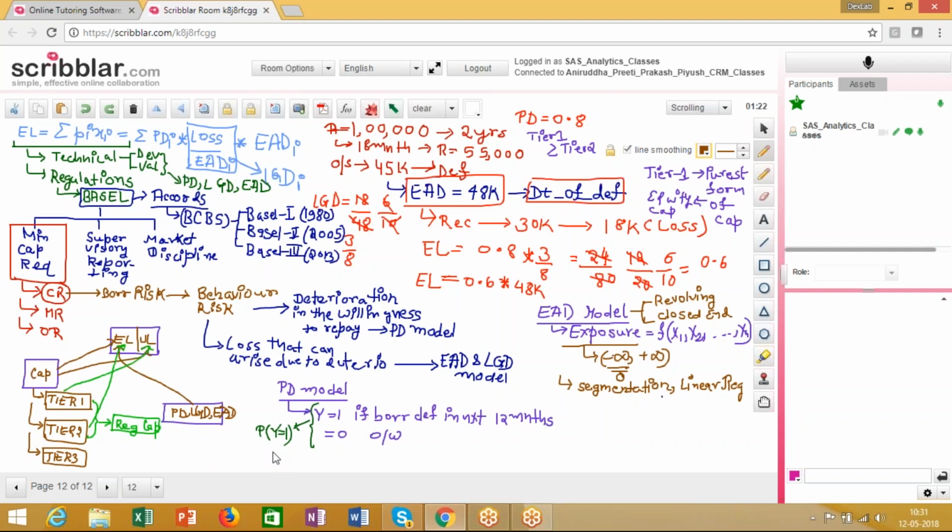And for the PD model, the different statistical modeling techniques would incorporate logistic regression model, probit regression model. Then we have survival analysis models, neural network models, segmentation models, and so on.